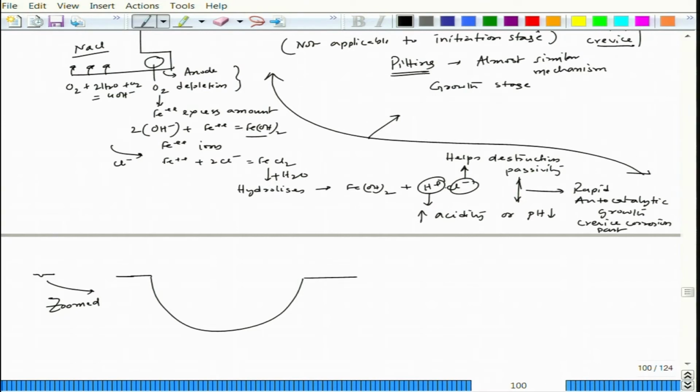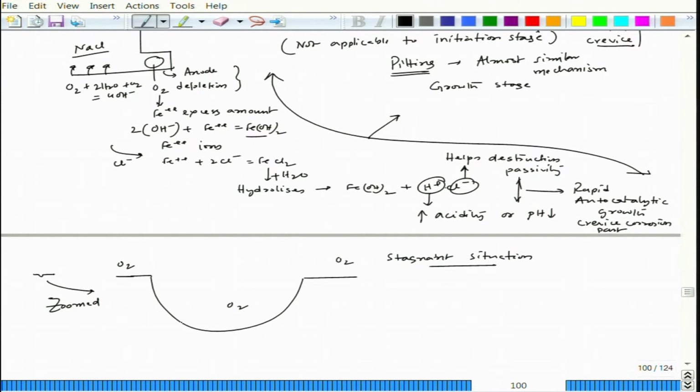Now, within this small segment, if it is a stagnant situation, then initially everywhere we had, let us say, the same oxygen content.